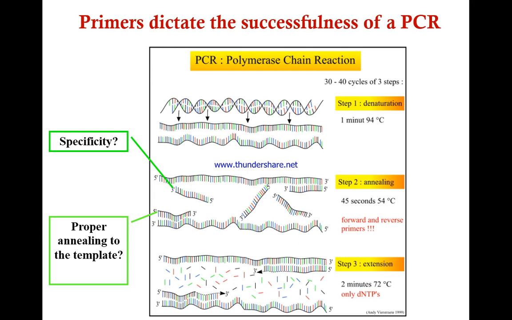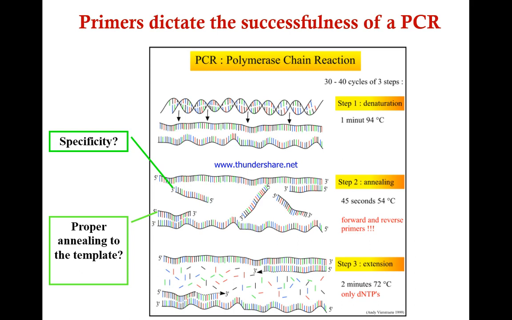Time can vary with the requirement of PCR. Maybe I give 50 seconds, you may give 40 seconds, so time can vary a little bit. And at 54 degrees centigrade, because the temperature is lower, the primer can anneal with the complementary strand of DNA.